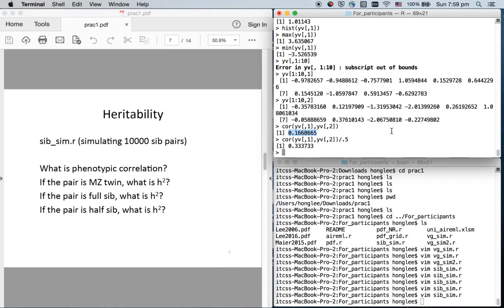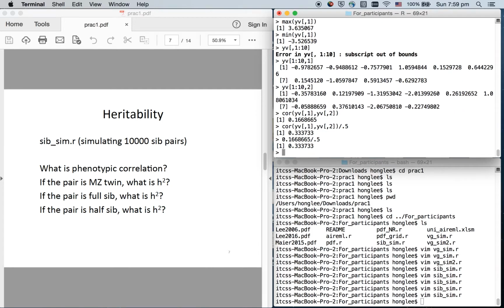Can you work out? So your phenotypic correlation is fixed, as we assume. Previously we used full SIP or DZ twins, right? Then that is divided by sample correlation of 0.5. Then this gives heritability as 0.333, right?